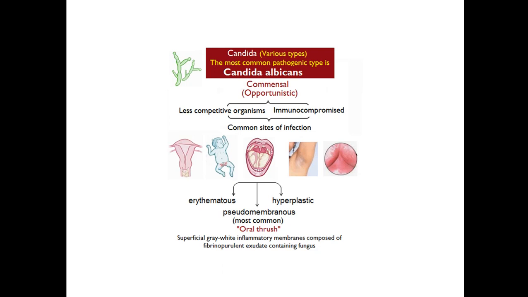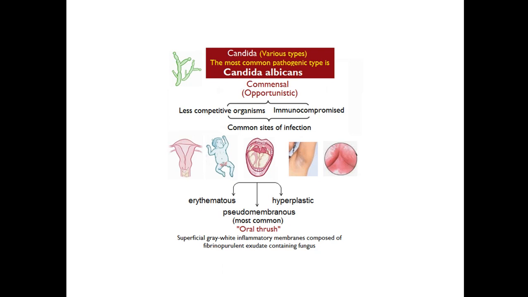The other situation is immunocompromised patients because of diabetes, AIDS, other serious and systemic illnesses like cancers and chronic diseases of the heart and other body tissues. So in any way, if the person's immune system is weakened, there is a chance for Candida albicans to grow.